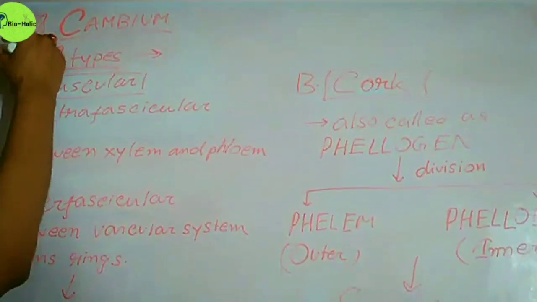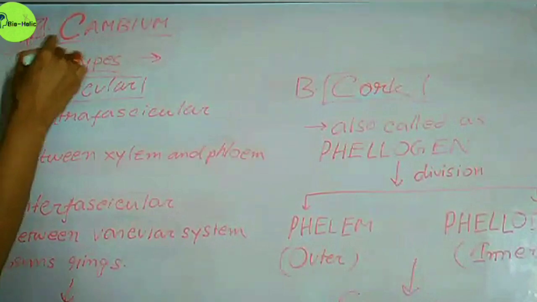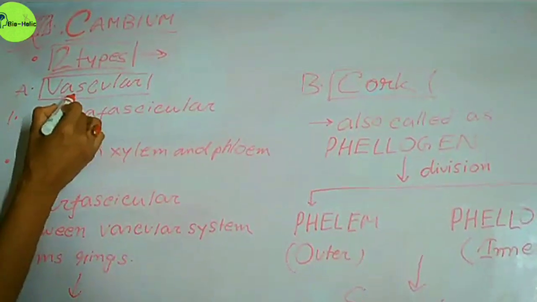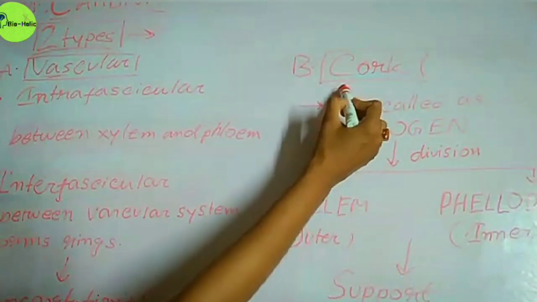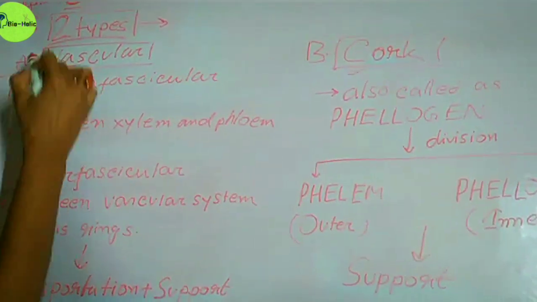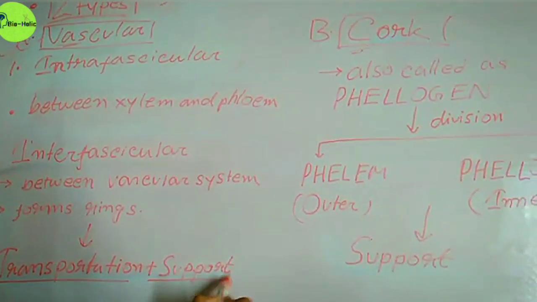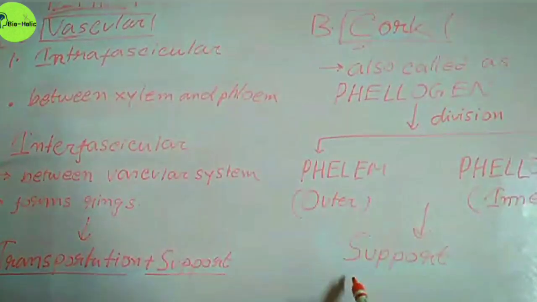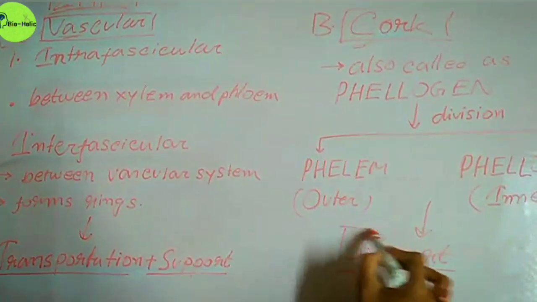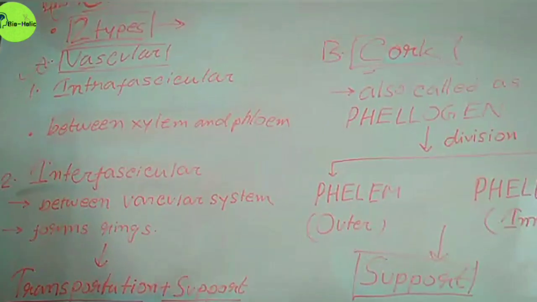The cambium is of two types, the vascular type and the cork type. The vascular is related to the transport and support, and the cork is related only to support in plants.